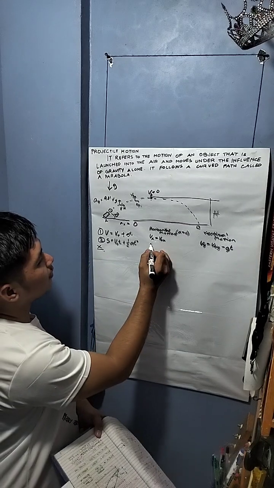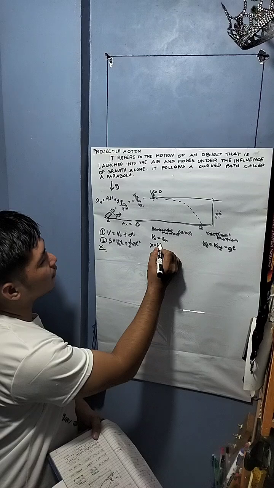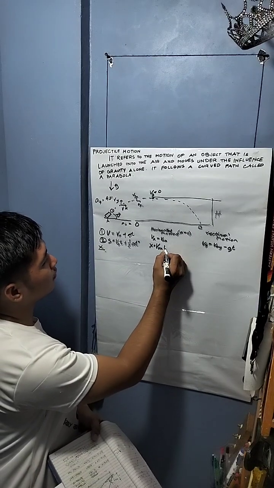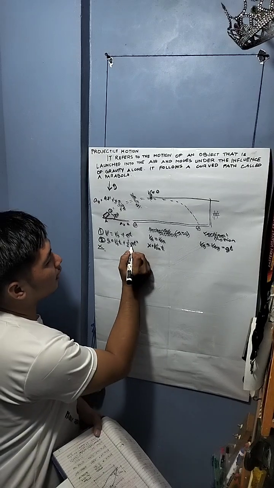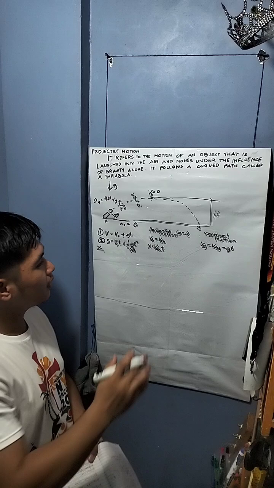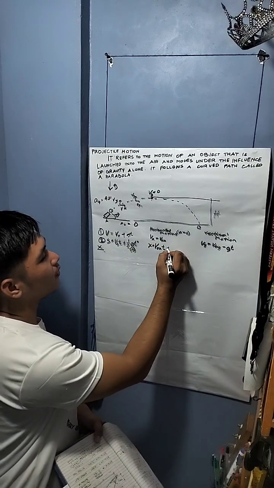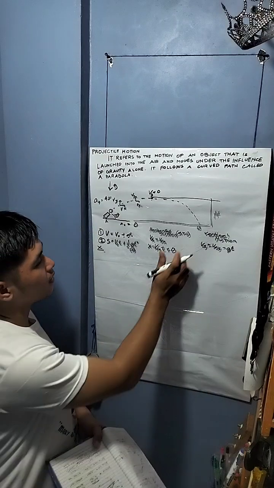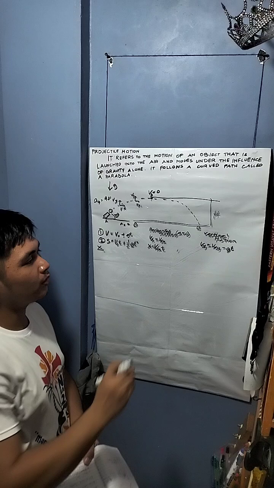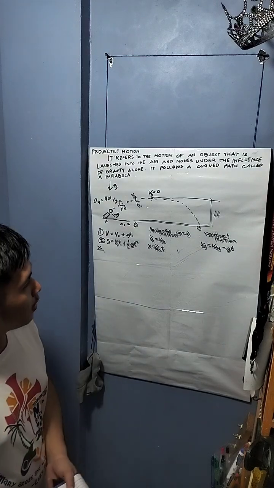So s will be x and v naught will be v naught x times time, and we have acceleration here which is equal to 0. It means that this whole term will be equal to 0. So technically our x is just equal to v naught x component times time.